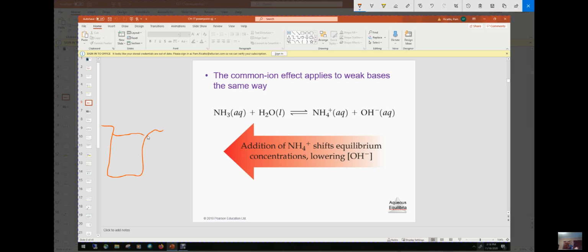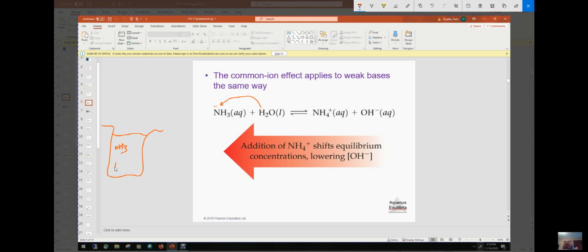I have water and I have some ammonia in there. And the ammonia reacts with water. It is a Lewis base. It's an electron pair donor. It attracts hydrogen to it, so water is the acid in this case, to make ammonium ion and the residual hydroxide ion. So this is our Kb.